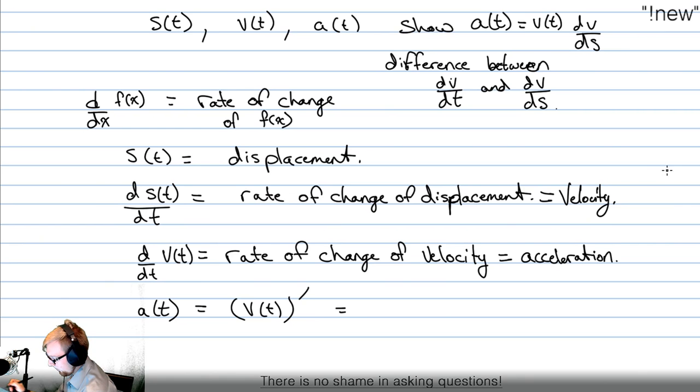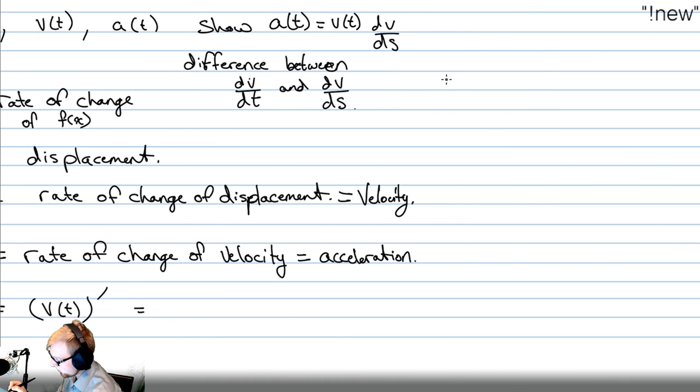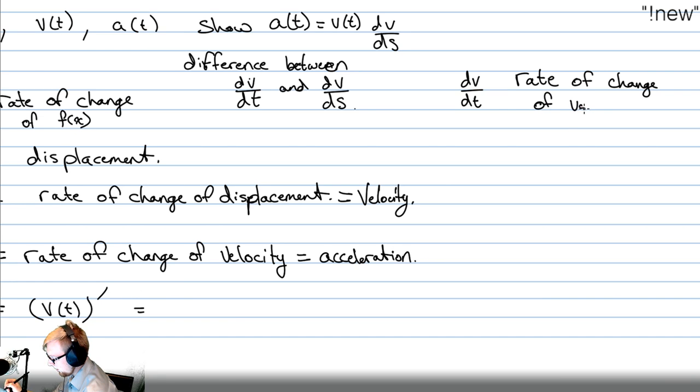So, for Fab, what's the difference between dv/dt? It's the rate of change of velocity with respect to time. Right? Because it's your time variable, right?